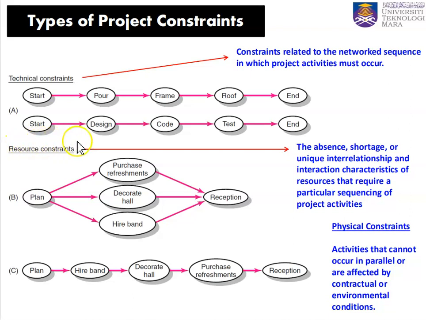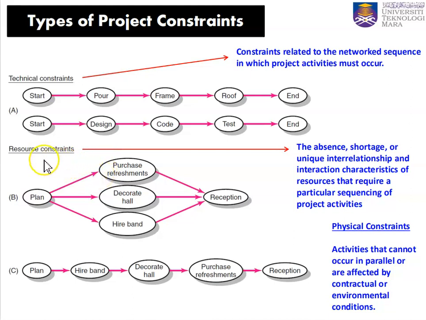Or we do a project dealing with programming. We start by designing at the beginning. After we design, we start to code, and after that, we can test and end. This is a technical constraint project. The second activity like coding or third activity like testing cannot come before the first and second activity.